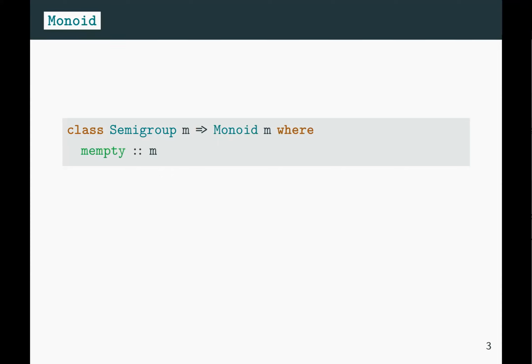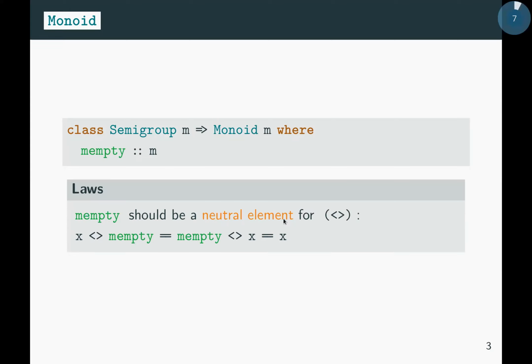Then we have monoids, which are semigroups with one additional method, mempty of type M, which is the neutral element. So the laws are that if you use this semigroup operation with mempty on the right or on the left, it shouldn't change anything. The examples I mentioned before, addition and multiplication, are also monoids because an obvious neutral element is 0 for addition and 1 for multiplication.